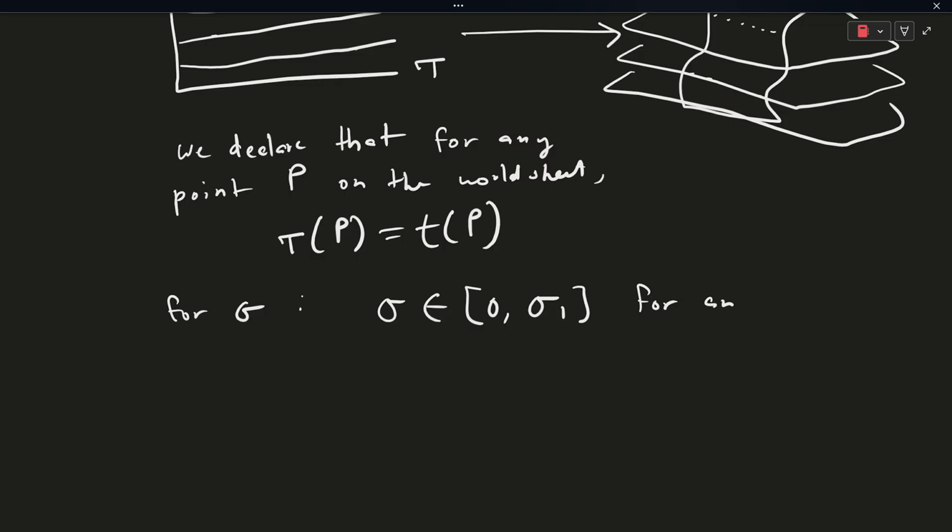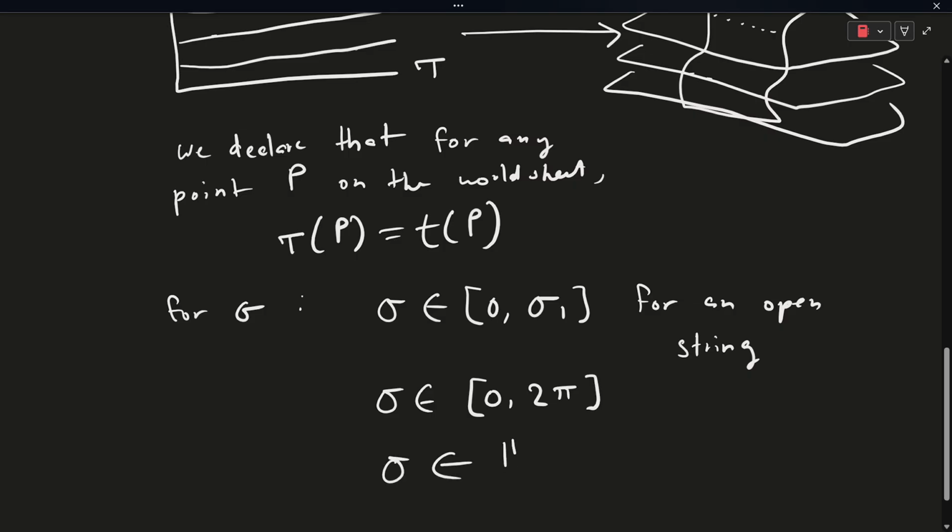For a closed string, your sigma would be part of some 0 to 2 pi, because we know that sigma would be part of essentially R mod 2 pi. And this is for a closed string.